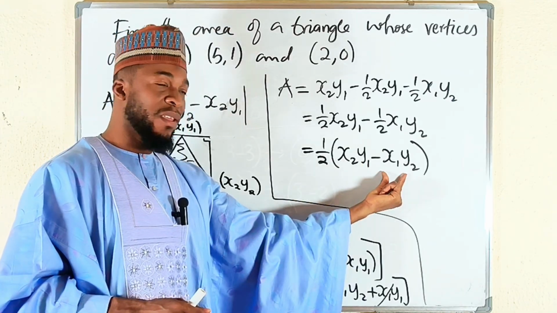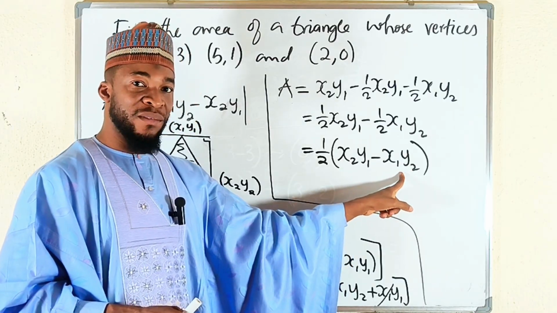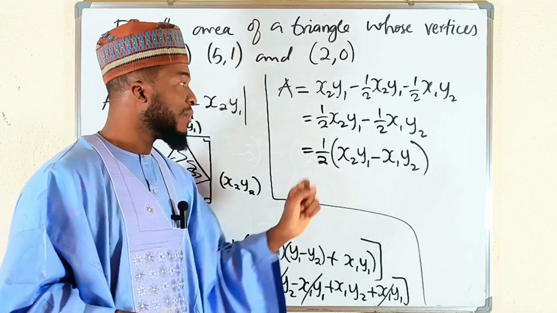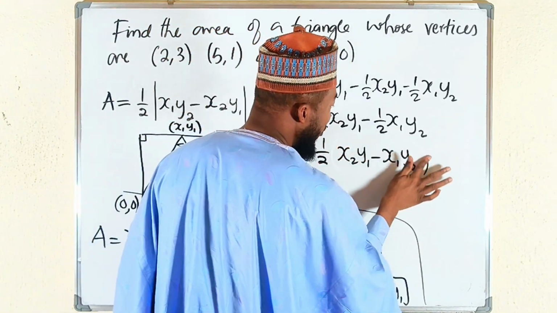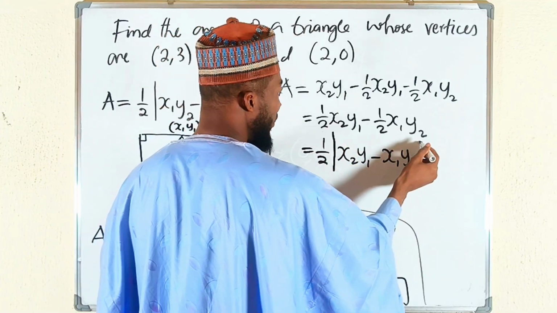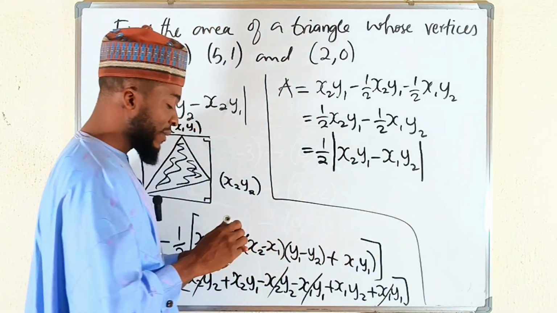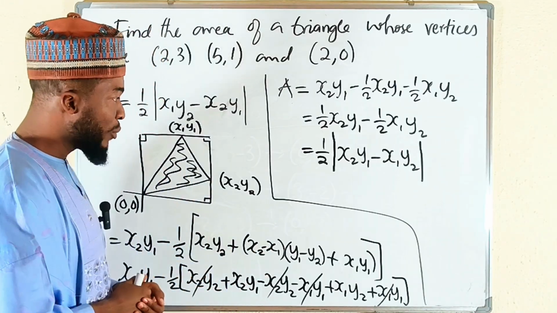This is a number, this is a number. If this number is bigger than this one, then this is going to be negative. And remember, area cannot be negative. So since that is the case, you remove this bracket and include absolute value. It means that whatever value you obtain, whether it is negative or positive, the absolute value will remain positive.